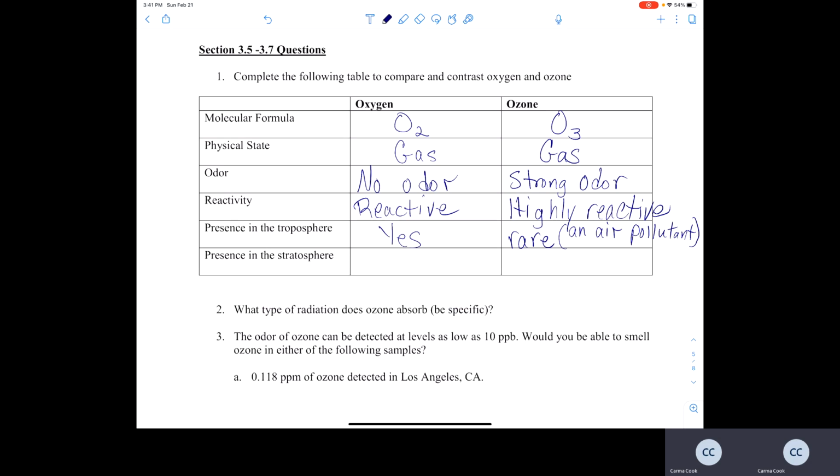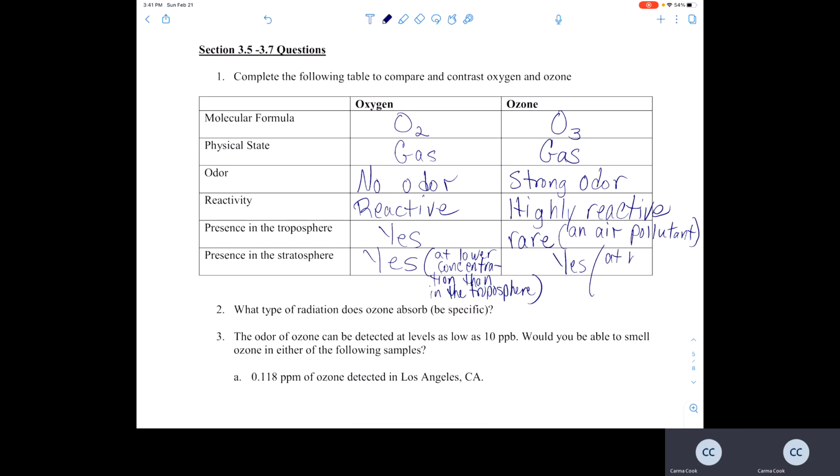Then in the troposphere, we have oxygen, and of course we have oxygen also in the stratosphere, but at a lower concentration than in the troposphere. And do we have ozone in the stratosphere? Yes.